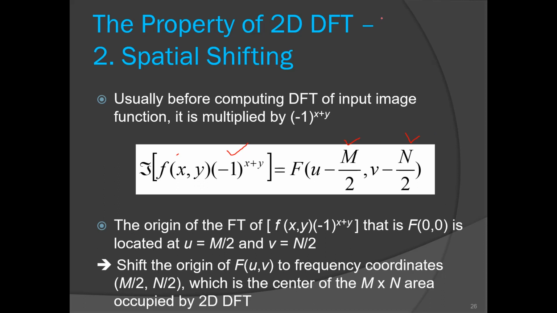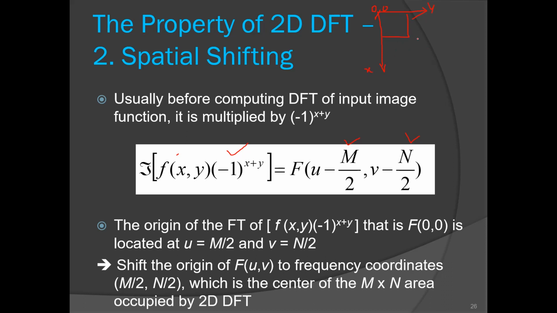Let me draw the image of our f of x, y. The origin of any image is considered at the left top of the image, so here we have the 0, 0 coordinate. This is our x-axis, this is our y-axis, this is our image.